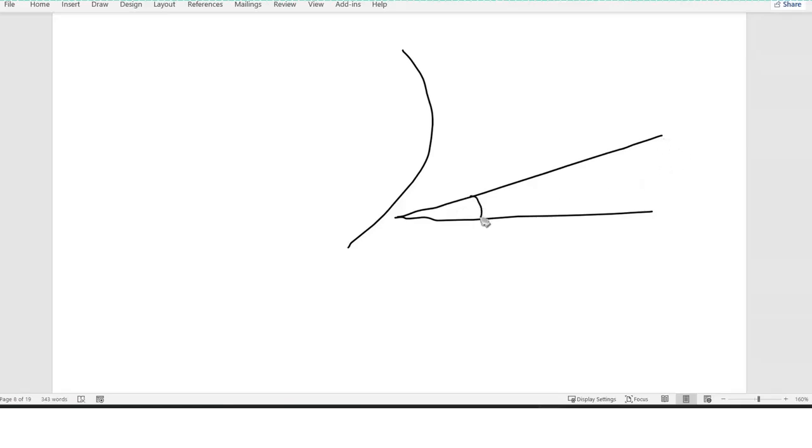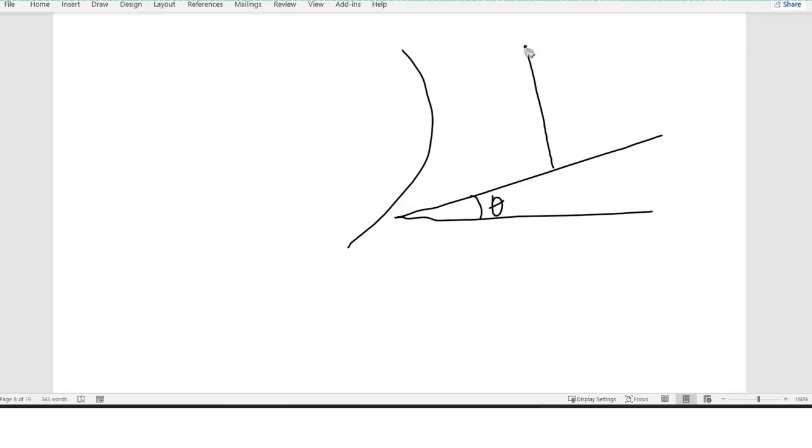The angle with which we raise that is what we call the angle of banking, or super elevation.